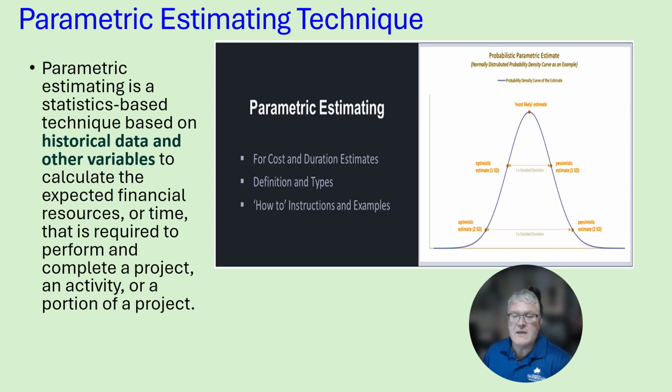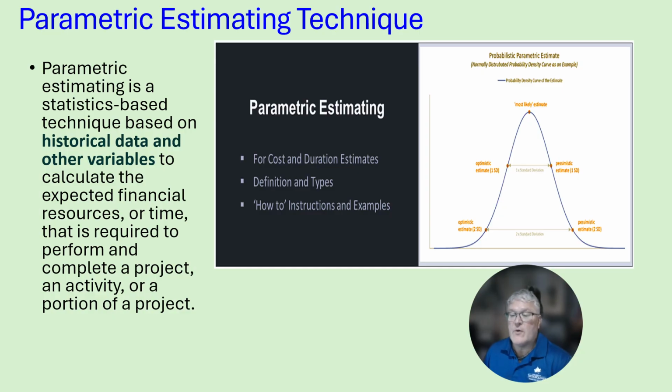The parametric estimating technique. Parametric estimating is a statistics-based technique based on historical data and other variables to calculate the expected financial resources or time that is required to perform and complete a project, an activity, or a portion of a project.